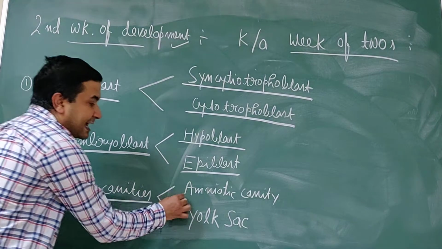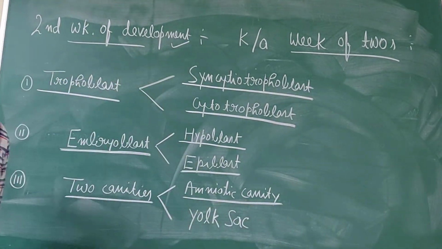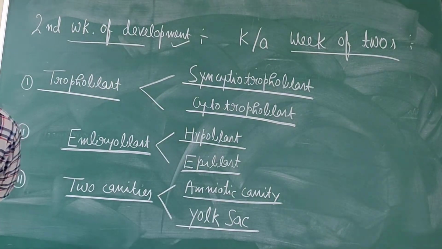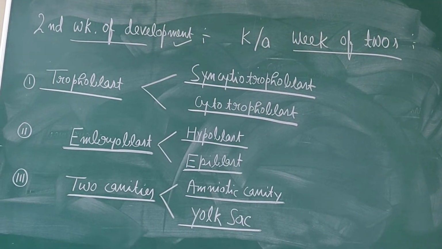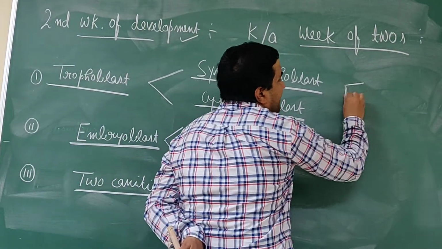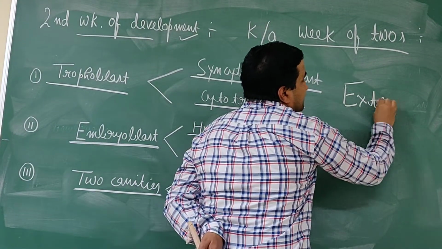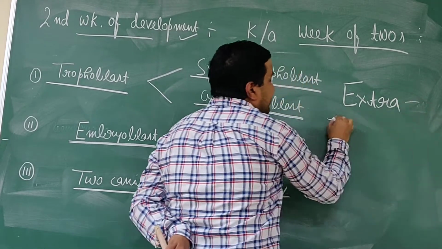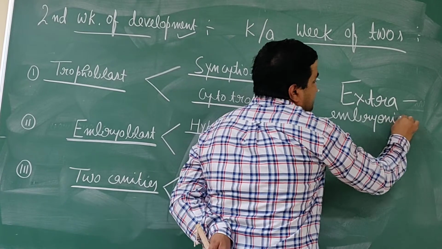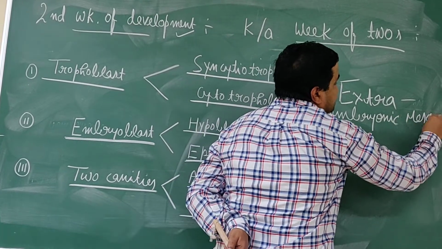The amniotic cavity is formed, and there is formation of the yolk sac, the primary yolk sac, and there is formation of the extra embryonic mesoderm.